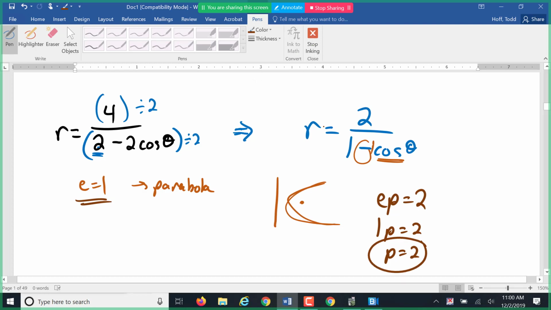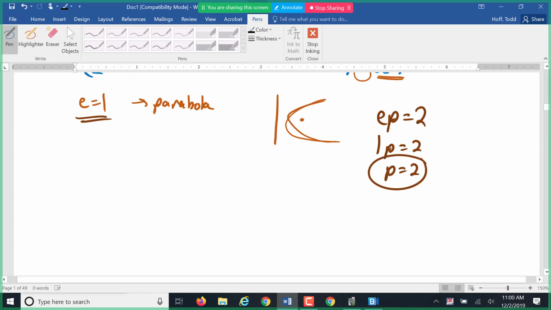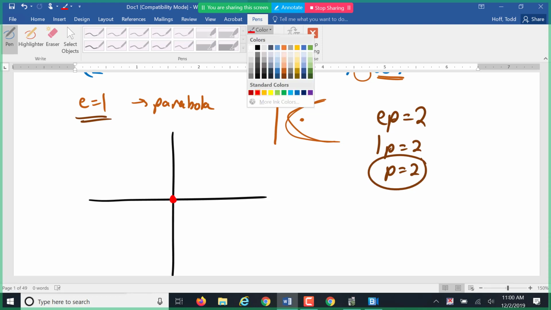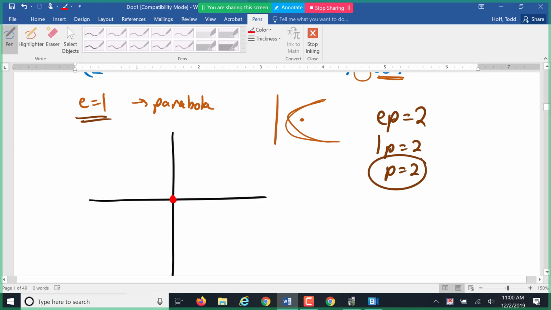So let's graph it. Here's our axis, and of course, our focus is at that origin, at the vertex. The directrix is to the left, and p is 2. The distance from the focus to the directrix is 2 units. So there's my directrix, 2 units to the left. Now, the eccentricity equals 1, so that means the distance from the focus to a point and the directrix to the point is the same, which means this point here is exactly in between the focus and the directrix.